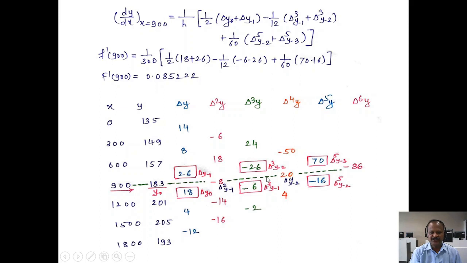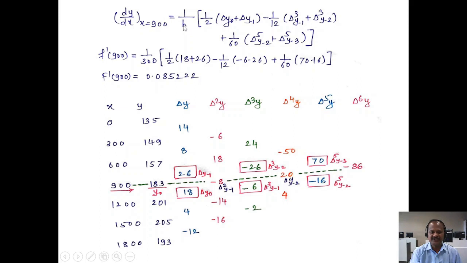Then above this dotted line we get delta cube y minus 2, and below it delta cube y minus 1. Then 20 is the fourth difference, delta raised to 4 y minus 2. And this is the center line; above the center line we get the fifth difference, delta raised to 5 y minus 3, and below we get delta raised to 5 y minus 2. All these values you can put in this equation.